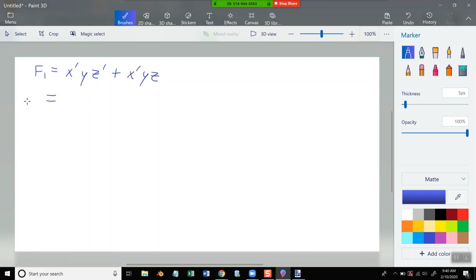And we want to find the invert of that, F1 prime.